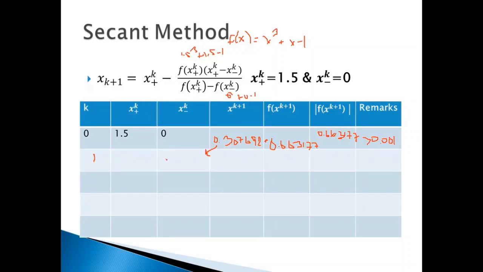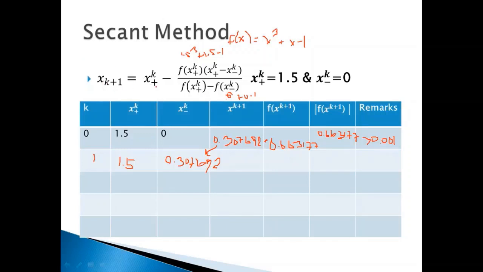So we have here 0.307692. The other one we just retain its value. Then the previous two will now serve as our new x plus and x minus. Repeat the procedure, xk plus 1 using this formula.